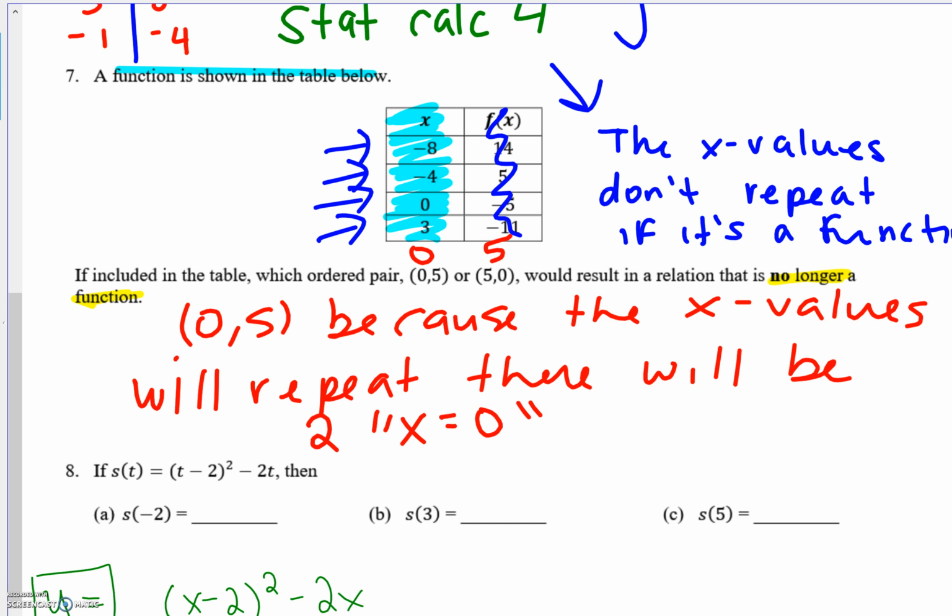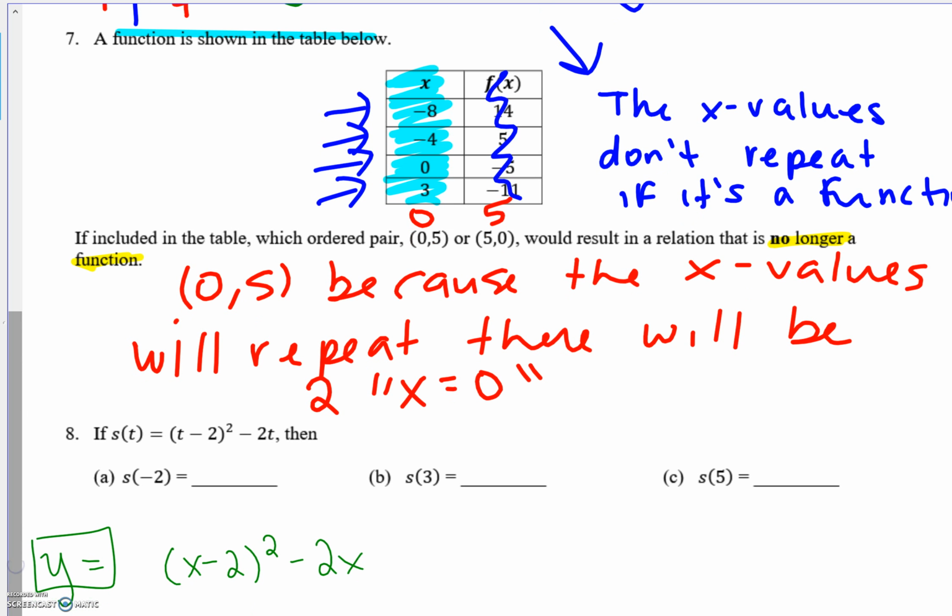Now we want to take it from a function to not a function. That means we must make the x values repeat. If we add in the point (0, 5), we will no longer have a function because the x values will now repeat. There will be two x equals 0s.